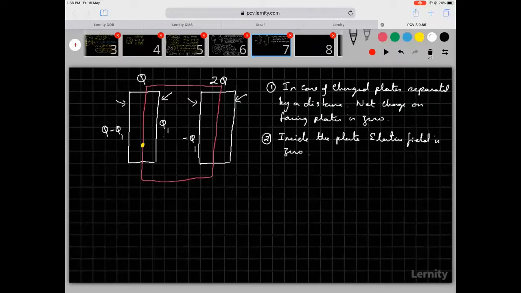Why is it 0? Because these are conductors. So I hope this idea also you are able to understand. So if you understand this particular idea, then the electric field here is 1 by 2 epsilon naught A.